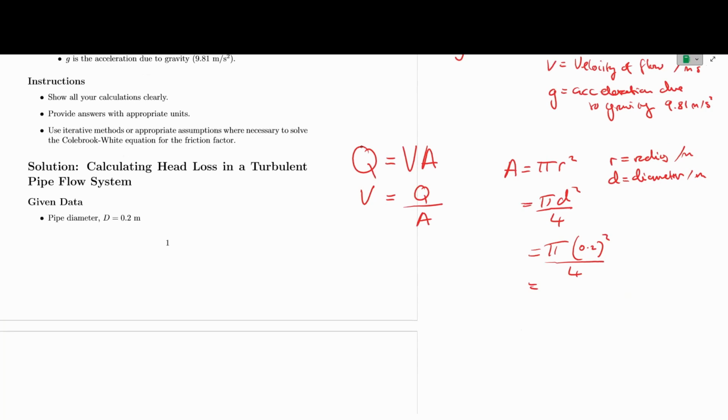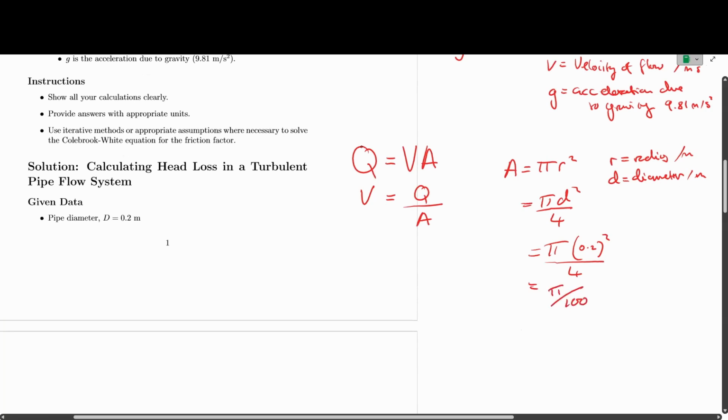we leave it in terms of pi over 100. That is roughly 0.0314 square meters.